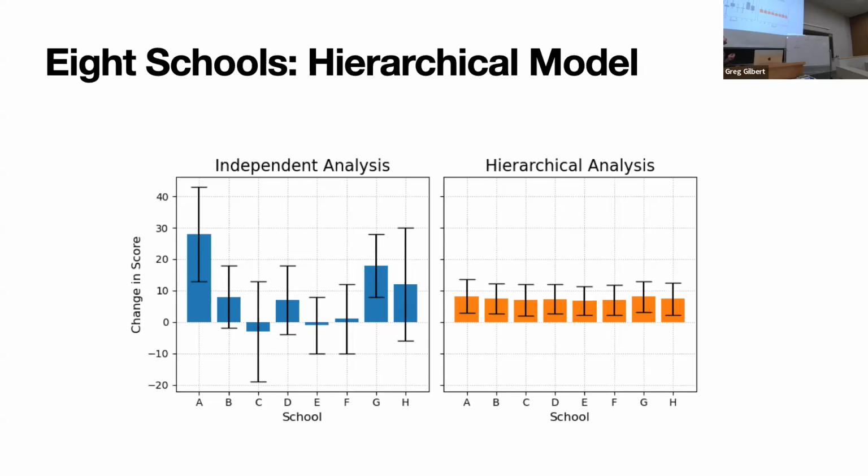What we're saying with this orange plot here is that this value of, say, 7 or 8 points per school is what we can attribute to the test prep program. So each school, we can attribute about 7 or 8 points, plus or minus 4 or 5 points, to the test prep program. And whatever other variability we saw in the actual measured mean is due to something else, whether it's just random fluctuations or differences in students or teachers or whatever.